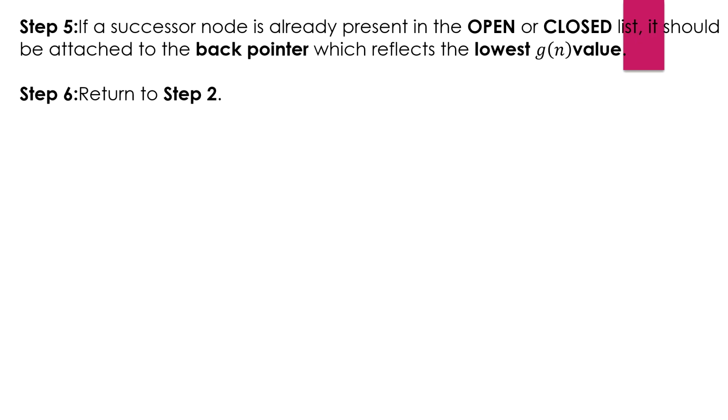If the node already exists but a better path is found, update the parent pointer. And the final step is to repeat until the goal node is reached. This process continues until the destination is found. These steps form the complete A-star algorithm.